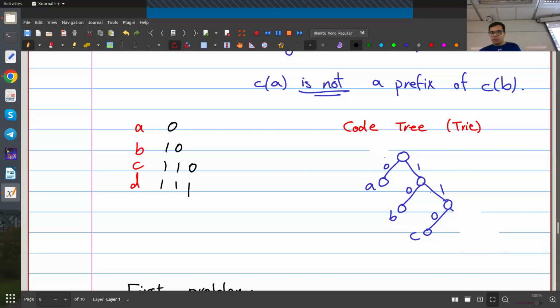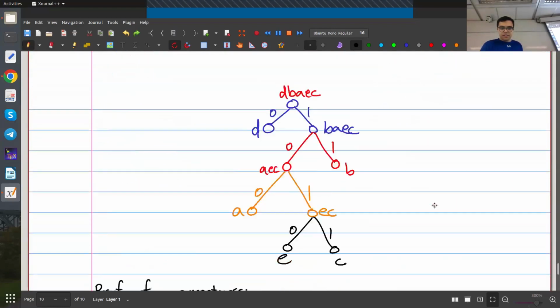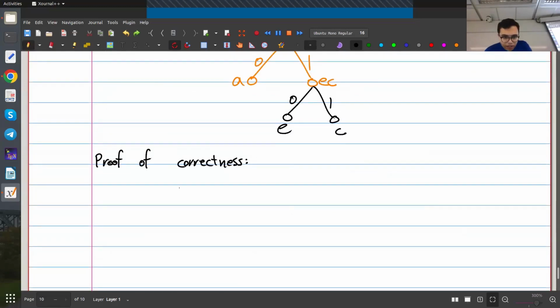I can just assign 1, 1 to C instead of assigning 1, 1, 0 to C. So whenever I'm taking one node and adding children for it, I'm adding both of its children. And that proves that I always have children in pairs. So if I look at the last level of the tree, there are at least two nodes in the last level of the tree. Okay, so this is the first thing that I wanted to prove, and I just did.